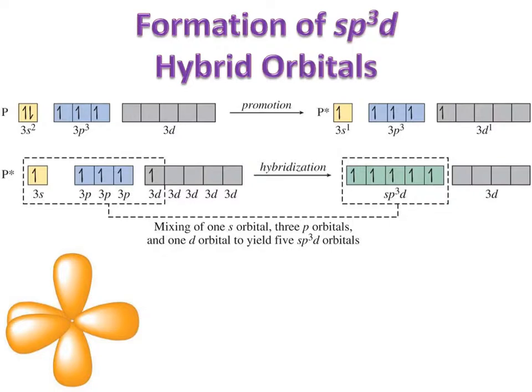So here, if we mix an s with 3 p's and a d, we call that sp3d hybrid orbital.